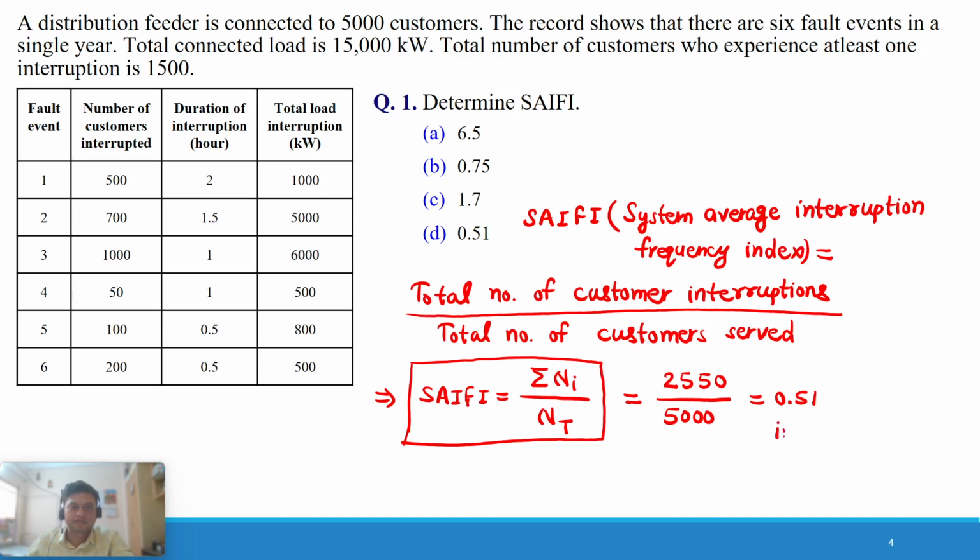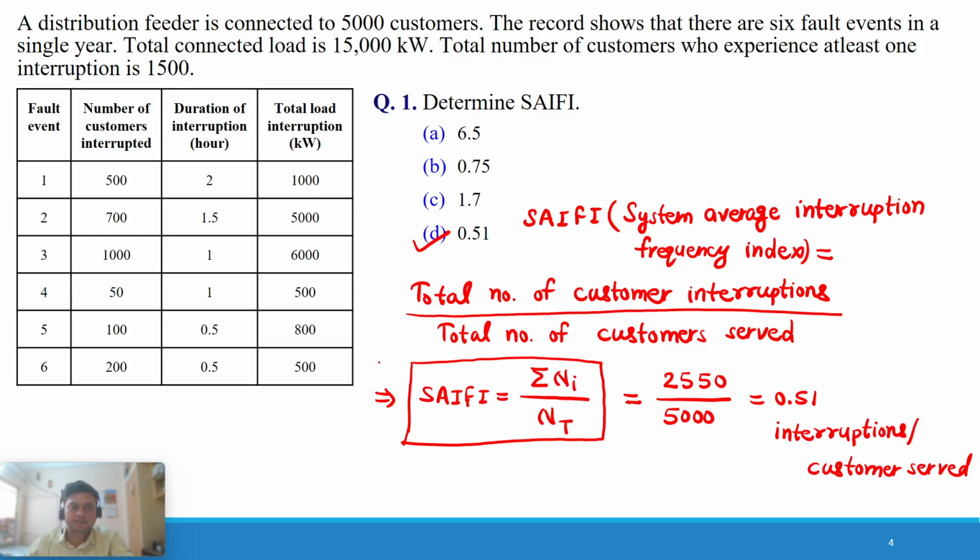Its unit is 0.51 interruptions per customer served. So the correct answer for question number 1 is D, 0.51.